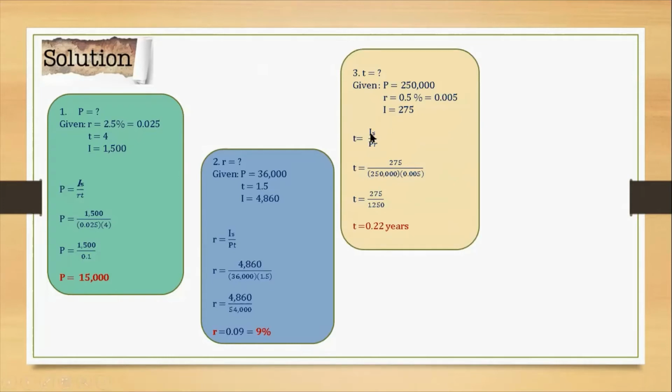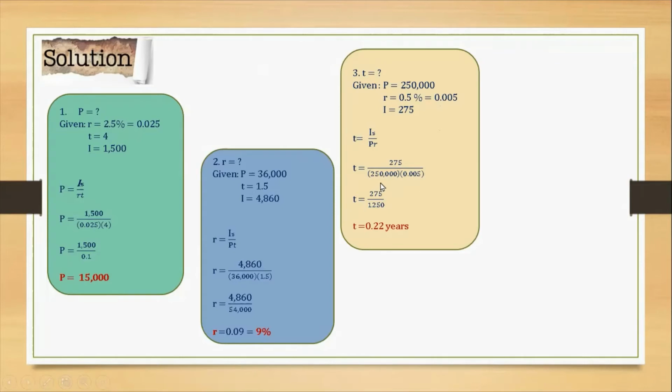So for I, or interest, we have 275. For principal, we have 250,000. And for our rate, we have 0.005.